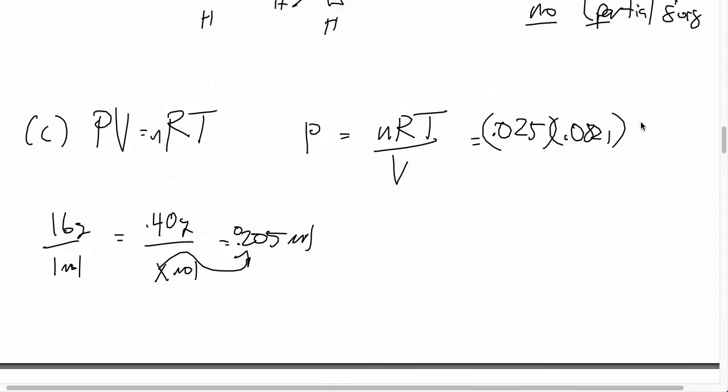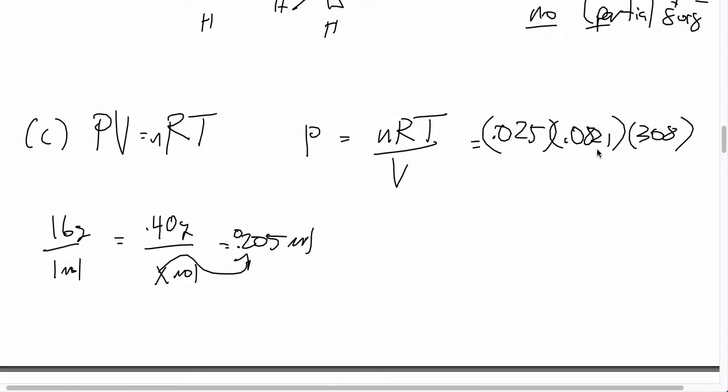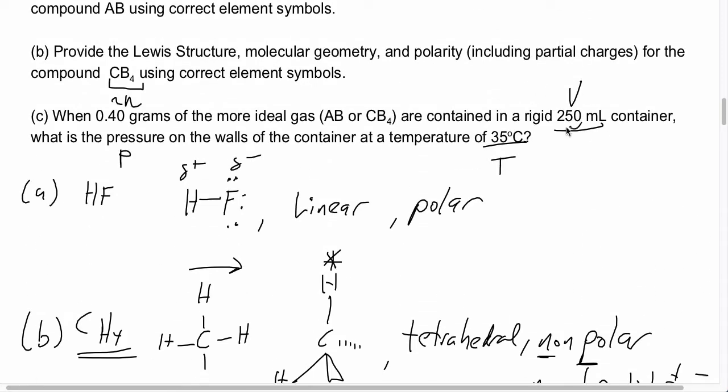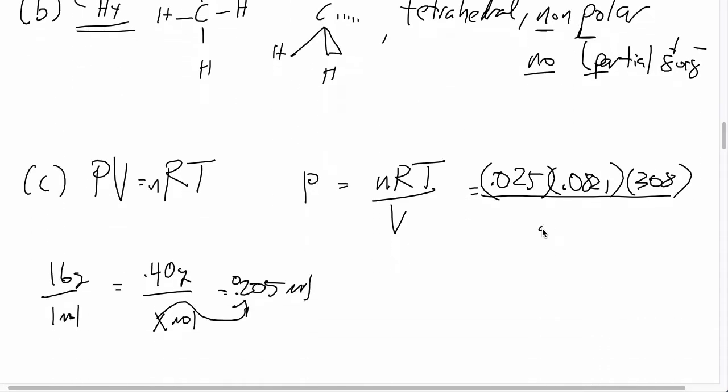I could have done that in my head. 308. And the volume is going to be this, 0.250 liters. So if you take 0.025, you multiply that by 0.0821, and that equals that.